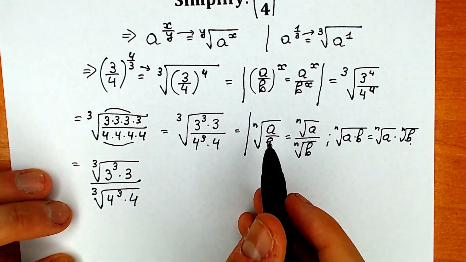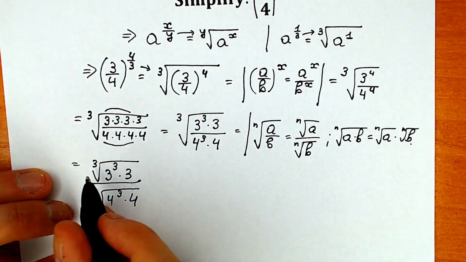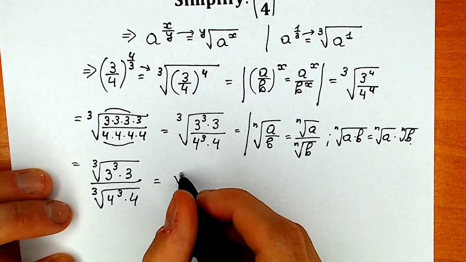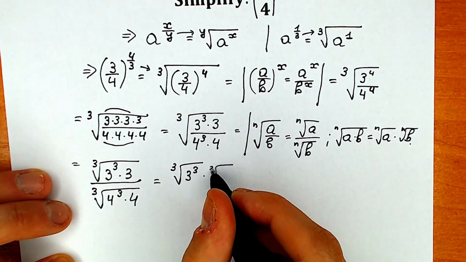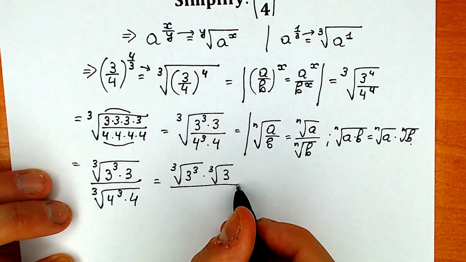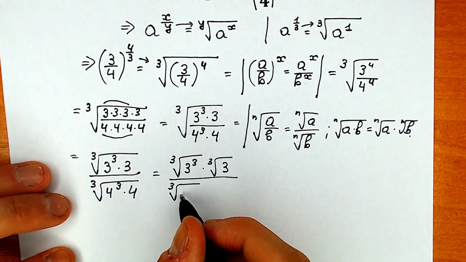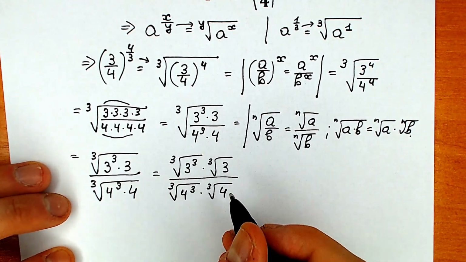And right now we're going to apply the multiplication rule. We're going to split this into 2 parts. When we split our numerator, we have the cube root of 3 cubed times the cube root of 3, and we have the same thing with our denominator: the cube root of 4 to the power 3 times the cube root of 4. So I hope you understand this step.